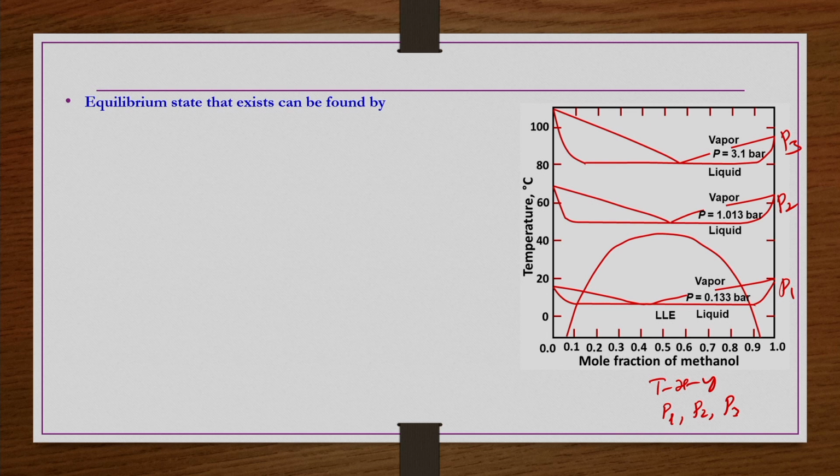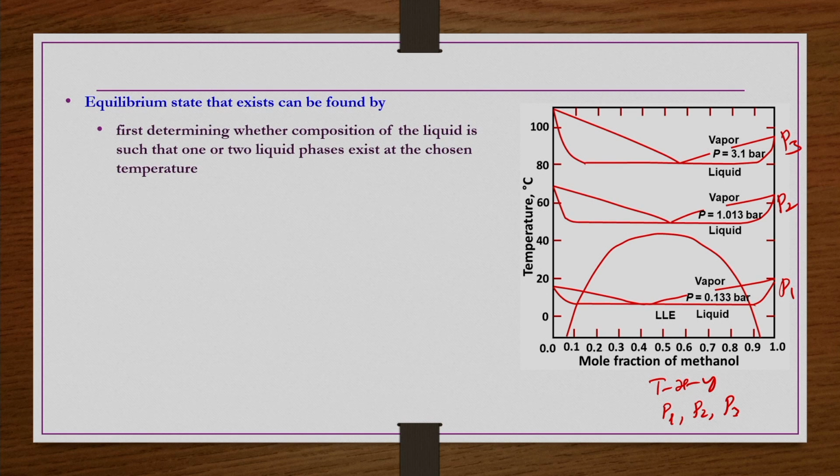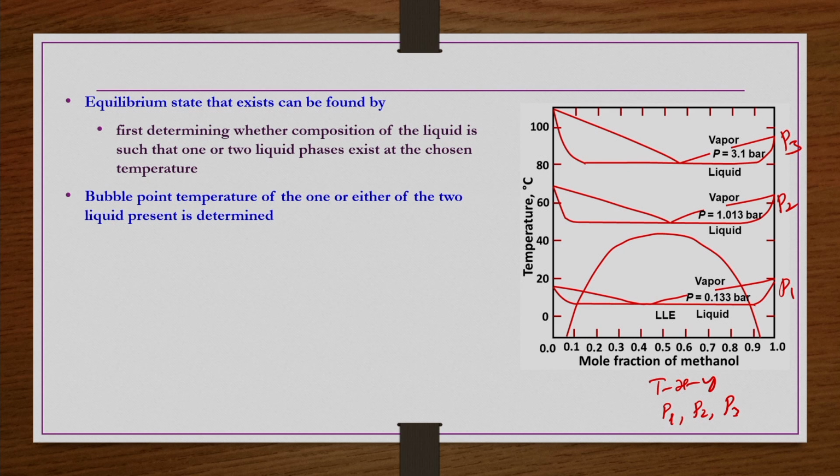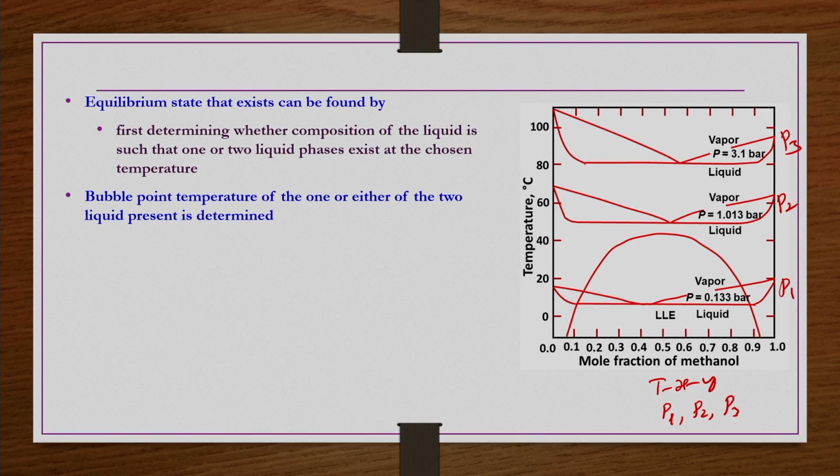So, the equilibrium state that exists can be found by first determining whether the composition of the liquid is such that one or two liquid phases exist at the chosen temperature, that is one thing you have to do, and then the bubble point temperature of the one or either of the two liquids present has to be determined, because based on that only we can say whether one liquid phase is existing or two liquid phases are existing in equilibrium, or one liquid and two vapor, or one vapor and two liquids are coexisting, or one vapor and one liquid are coexisting at equilibrium. All those things you can know only when you find out these things.